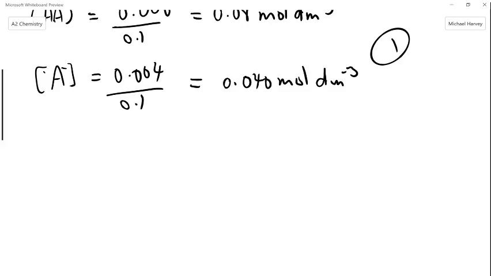Okay, so the next mark is you've got to show the examiner you understand what the equilibrium constant term is.